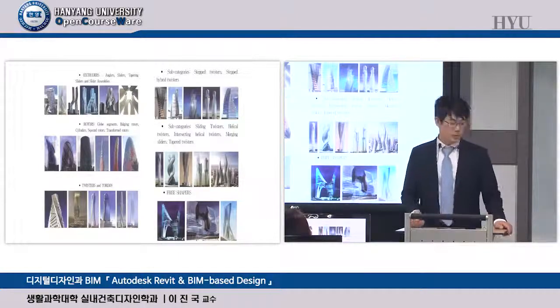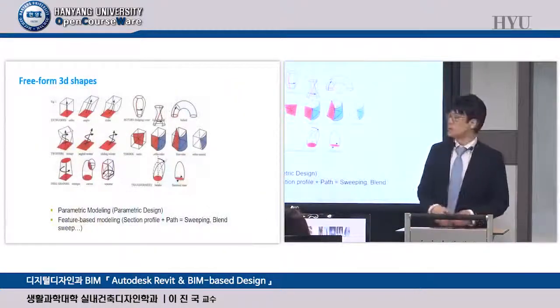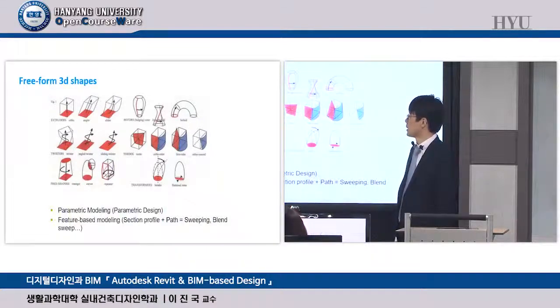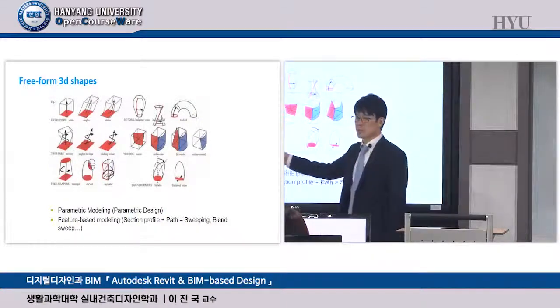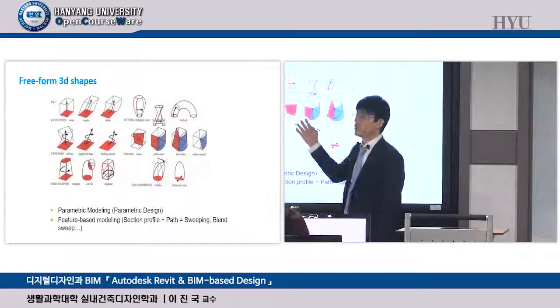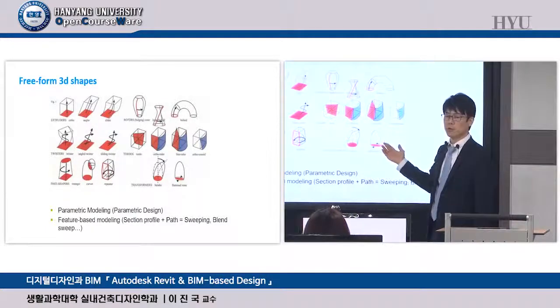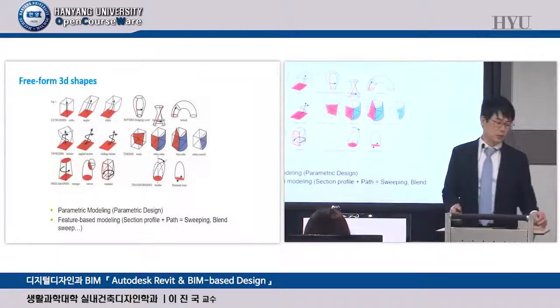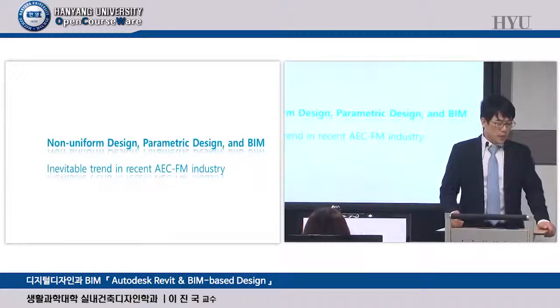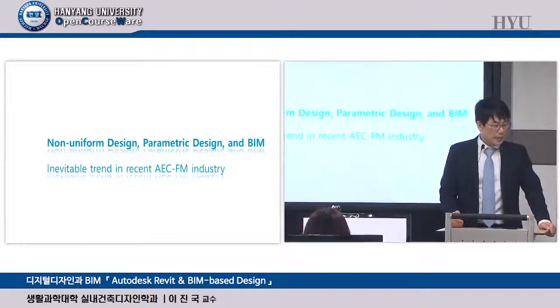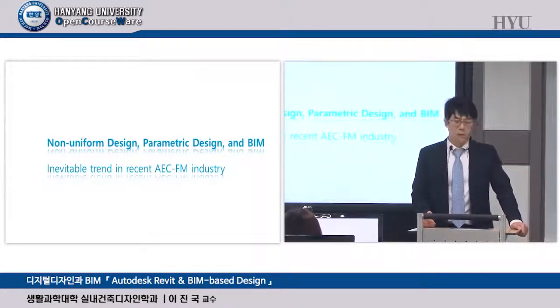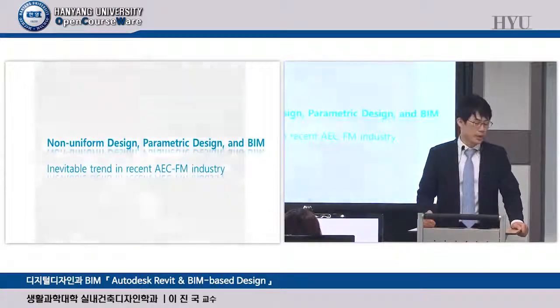So I'm not sure which it is, but anyway, one thing clear is that making shapes from fundamental primitive geometry is exactly the same as the way of solid modeling and parametric modeling, okay? So it's an inevitable trend, okay? Non-uniform, freeform design using parametric design, parametric modeling techniques, and BIM.